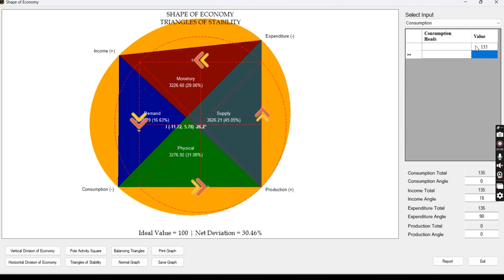So, if the liquidity in terms of income is more, they will use it for consumption, maybe for immediate needs, or they may keep whatever surplus income they have earned in banks.